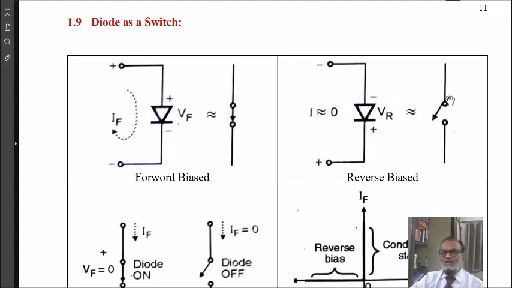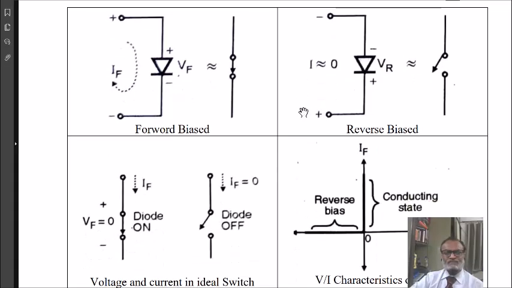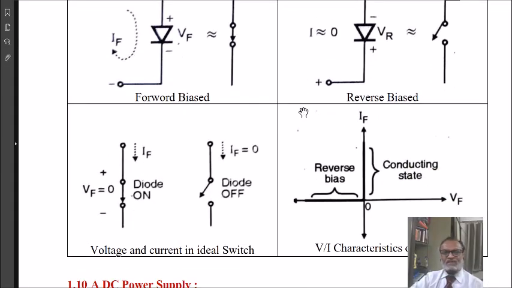Therefore, an ideal mechanical switch has zero current when open circuited, whereas a practical diode in reverse bias is carrying a very small amount of current near to zero, that is in nanoampere, and therefore diode can be used approximately as an open circuit in reverse bias. The characteristic of a switch is shown here in the figure.